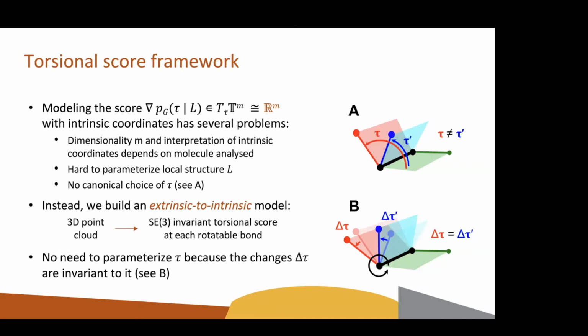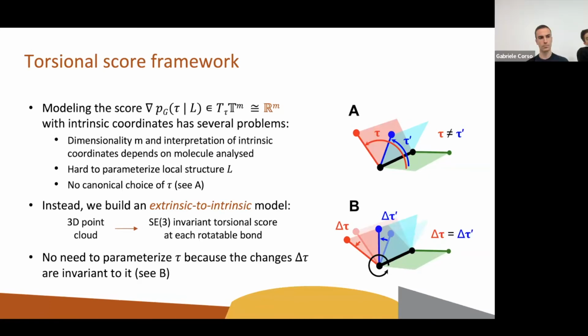So at no point in time do you actually need to have a value for tau at any torsion angle, at any rotatable bond. You always work with delta tau. And with this parameterization, if you fix the local structures, which we are doing, the change in any of the possible choices of the torsion angle is always the same.